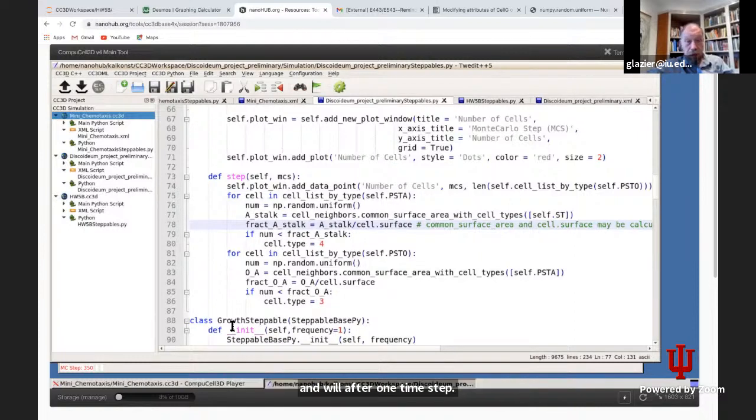So the probability would be 100% per time unit. And that may be what you want. But the question is, what's the scaling? What's the typical time for transition? And you want to think a little bit about whether that number is right.